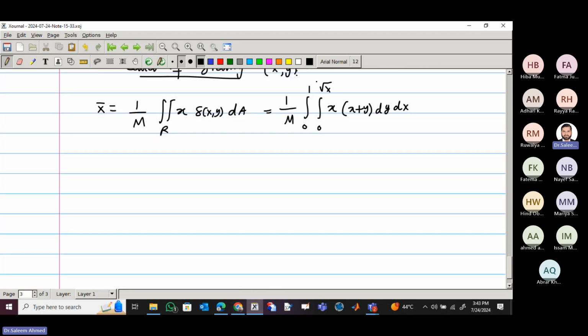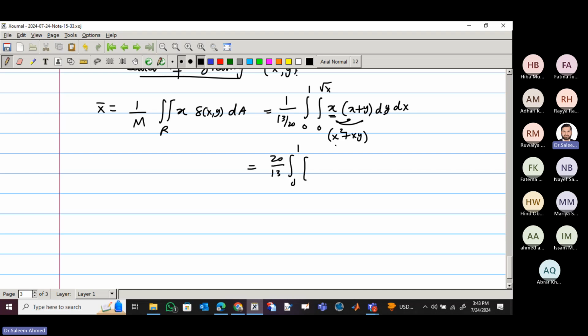Now you will multiply x inside first and then integrate, or x is constant for y. If you want to multiply x inside, it's okay. If you multiply x inside, it becomes x squared plus xy. Now you will integrate that. And mass is 1 over 13 by 20, so I can put the value 13 by 20, so this will become 20 by 13, from 0 to 1.